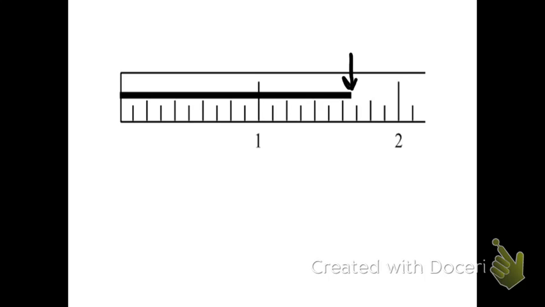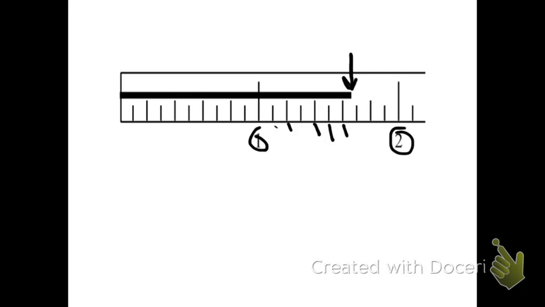Okay, so I know that we have, this is our 1, this would be our 2, and so we know our measurement lies between 1 and 2. So let's see if we can count this. So we have, this is 1, 2, 3, 4, 5, 6.